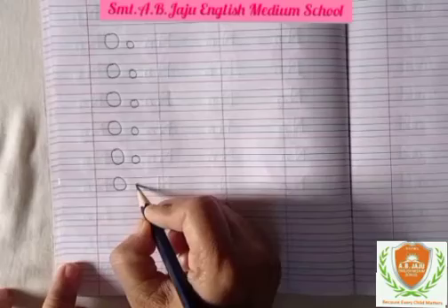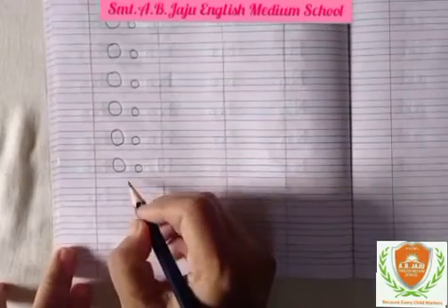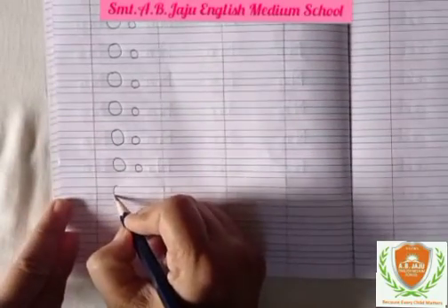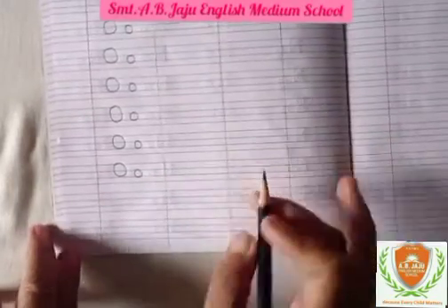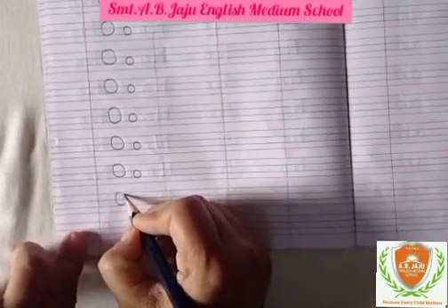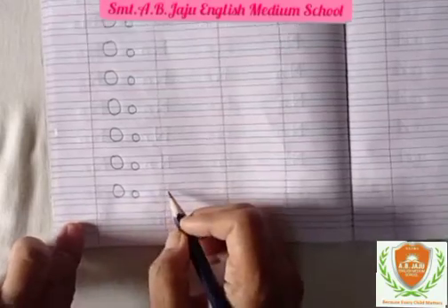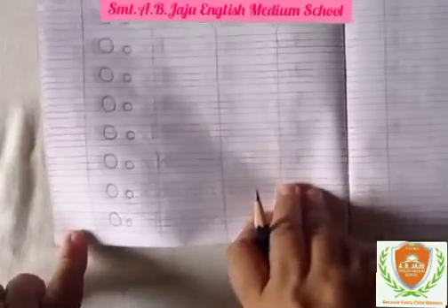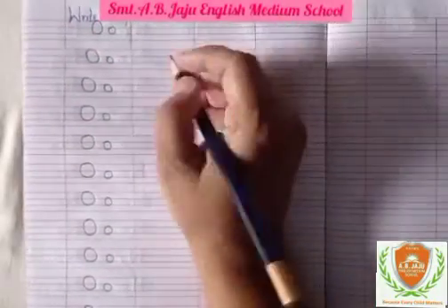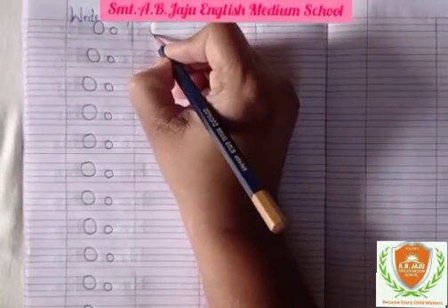O, octopus. Octopus is a water animal. Capital O, small o, ocean. Like this you have to draw capital and small o.